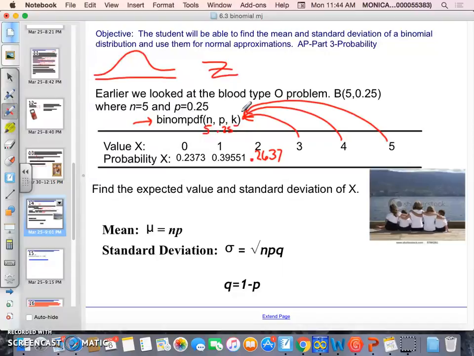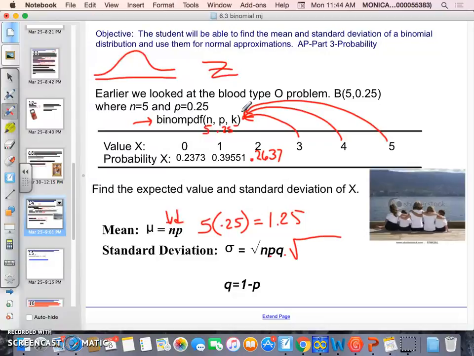All right, to calculate the mean, you just take the number of trials times the probability of success. And so in this case, it's 5 kids times 0.25, and you should end up with 1.25, which means that about 1 1/4 kid are going to end up with type O blood. And then your standard deviation, remember that P is the probability of success, and Q is the probability of failure, essentially.